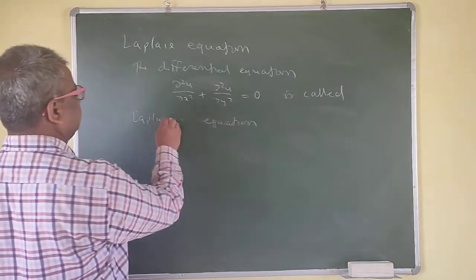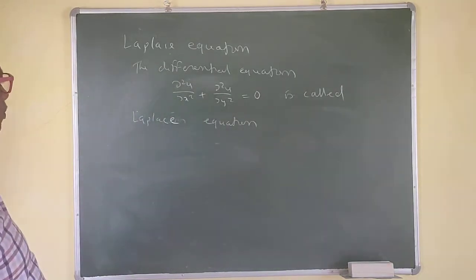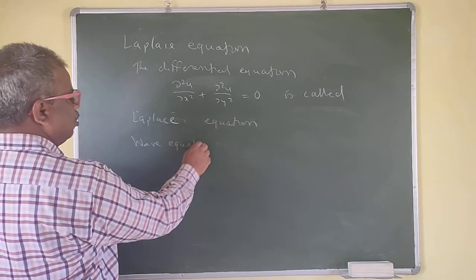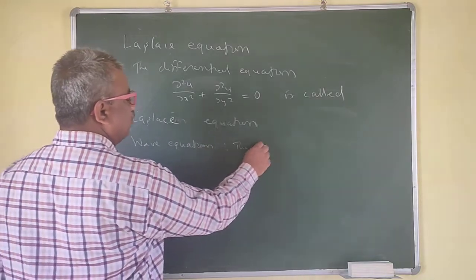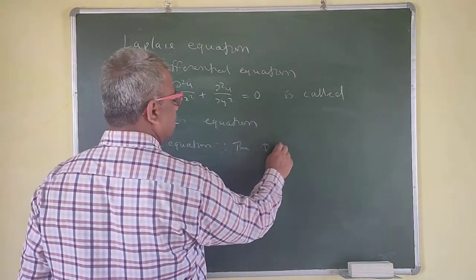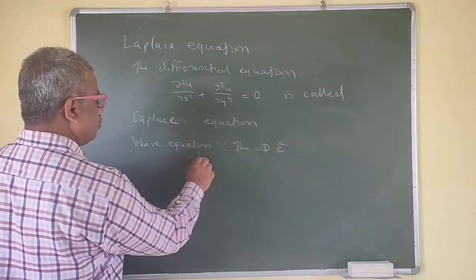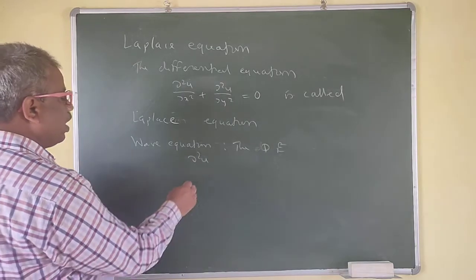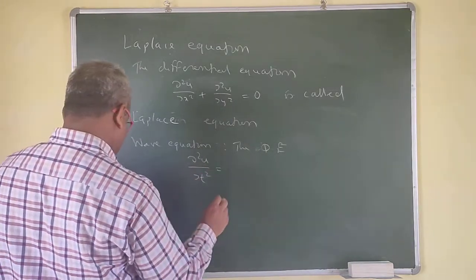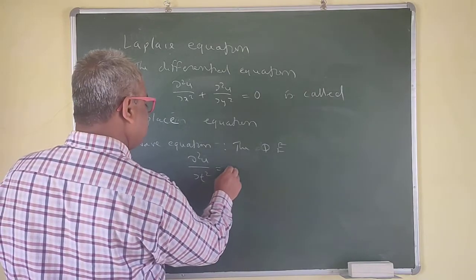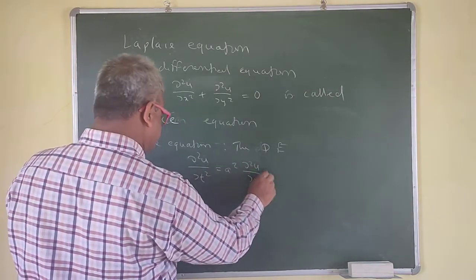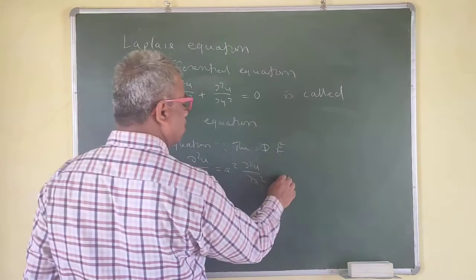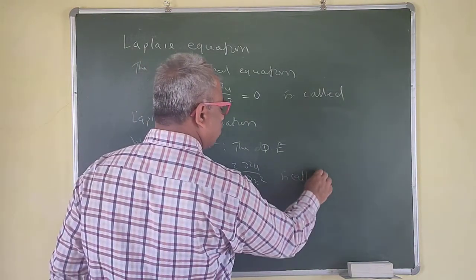Then the wave equation. The differential equation del squared u by del t squared is equal to a squared del squared u by del x squared is called the wave equation.